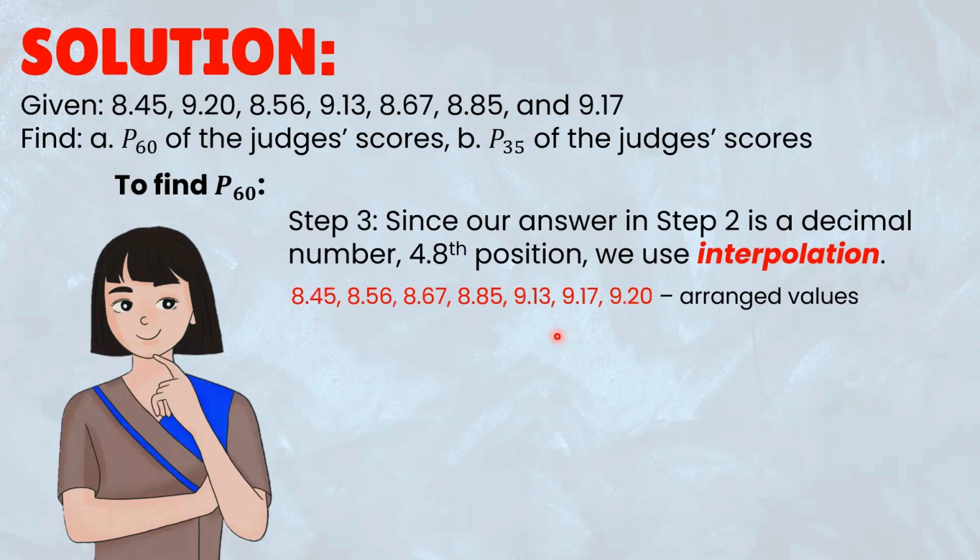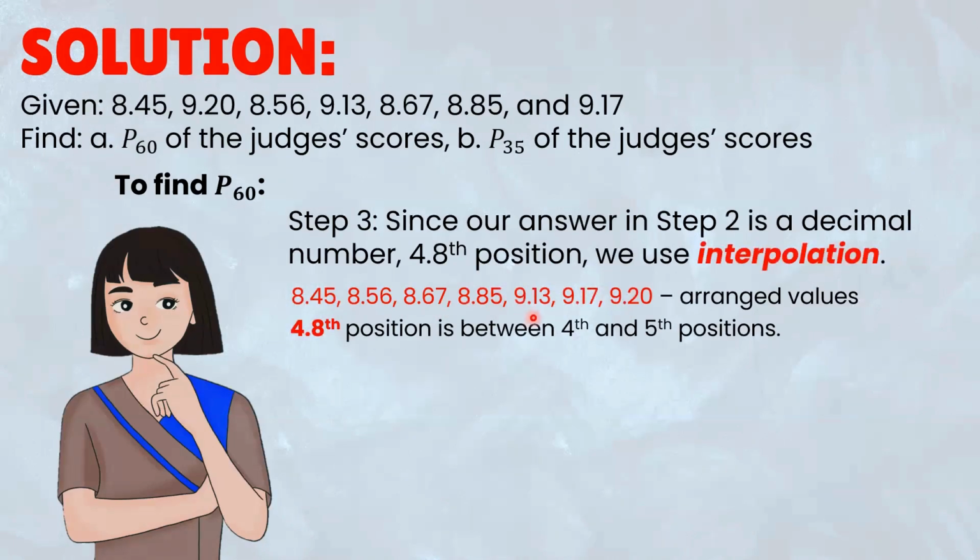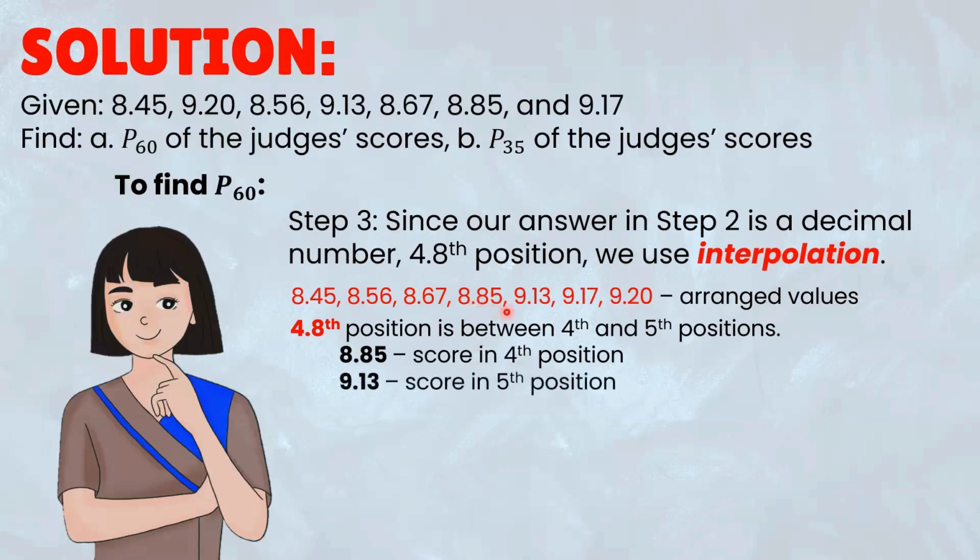So 4.8 position is between the 4th position and the 5th position. 1, 2, 3, 4. This is our 4th position and this is our 5th position. The score that corresponds to the 4th position is 8.85 and the score that corresponds to the 5th position is 9.13.